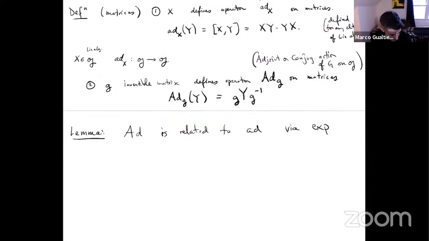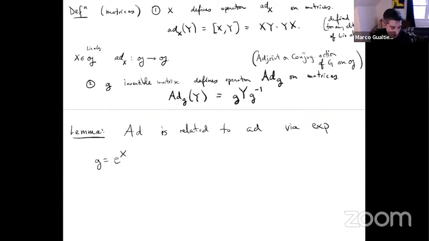What does this mean? If I write it in a formula, it means the following. If I take G to be the exponential of a matrix X, that way it's for sure invertible, then if I conjugate by G, this will be the same thing as the exponential of the little ad action of X on Y.